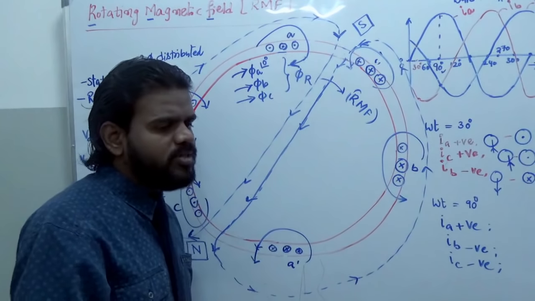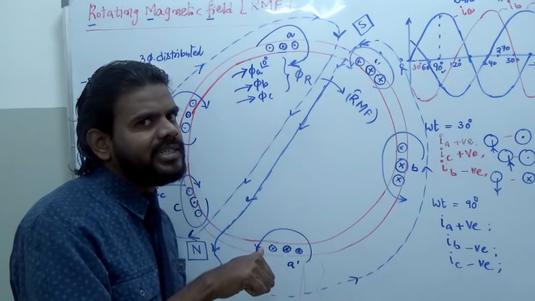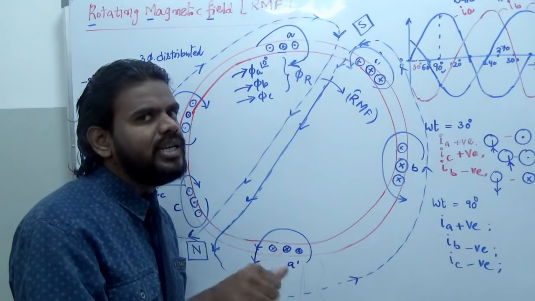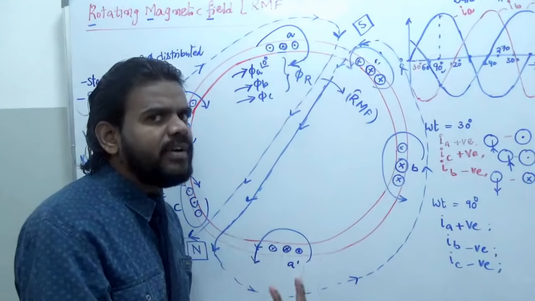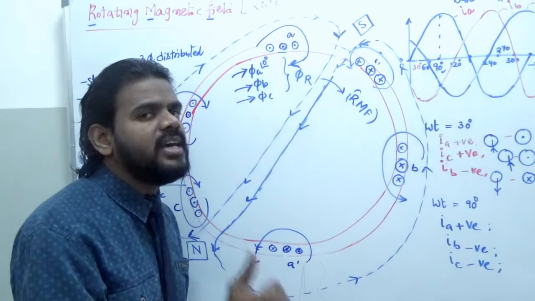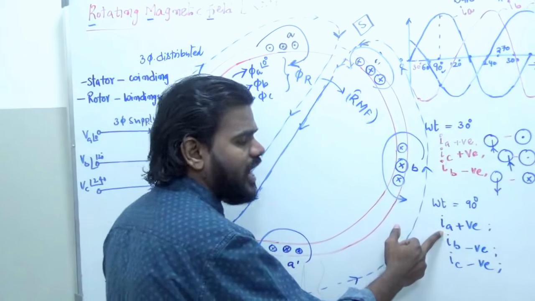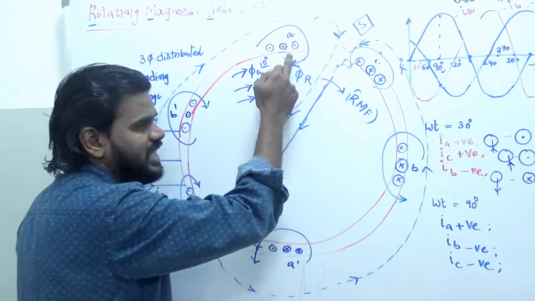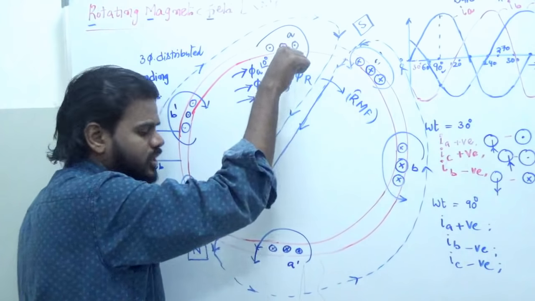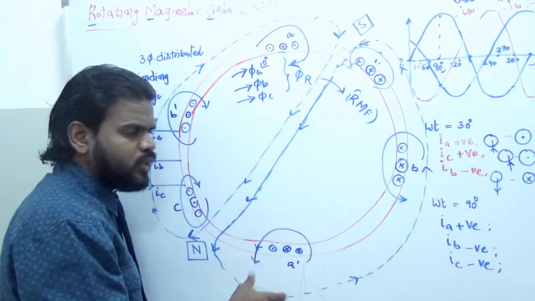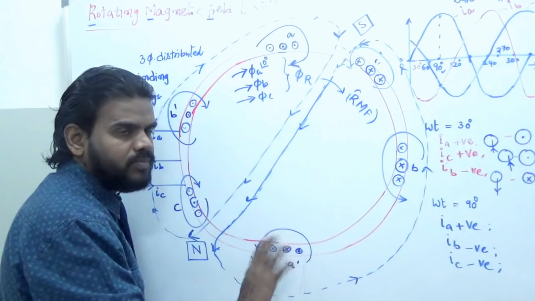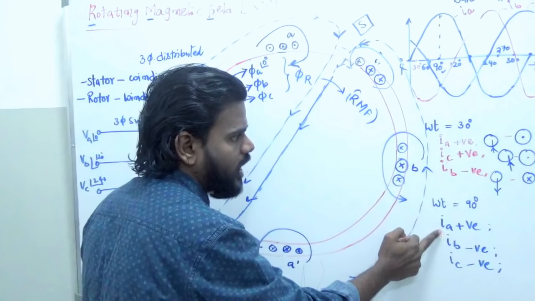If the current is positive, we consider the direction in the conductor to be inwards. If it is negative, the current direction through the conductor will be outwards. So IA positive means A has inwards and A dash has outwards. It is as it is, there is no change here. Here IA positive, here also IA positive.